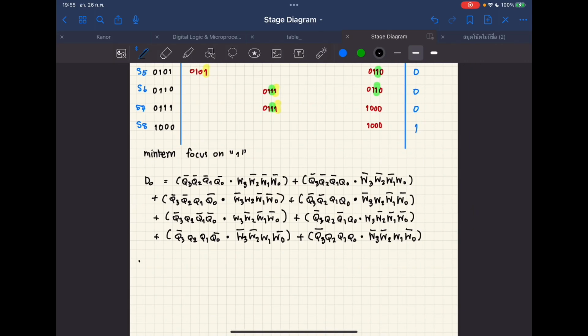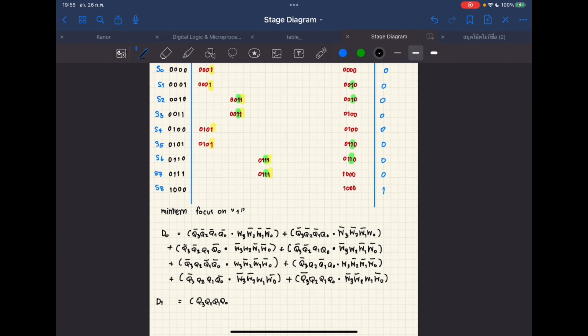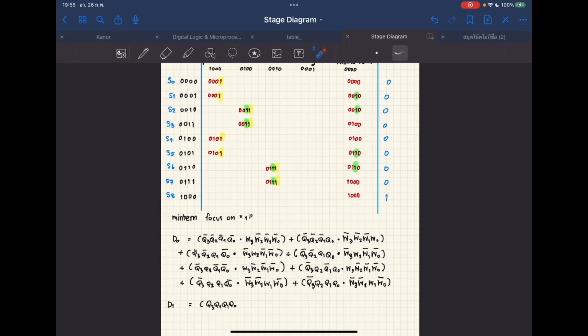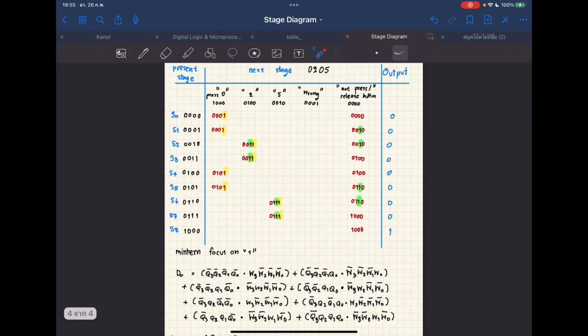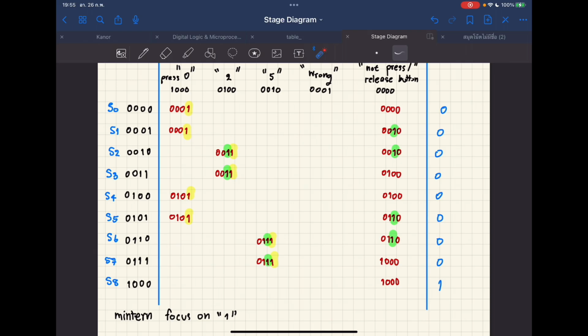And we write it again. We look at this first.